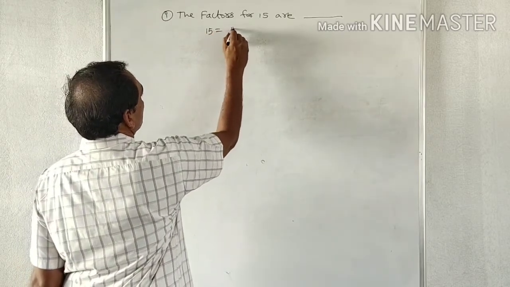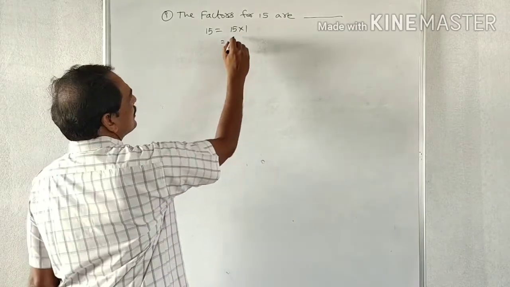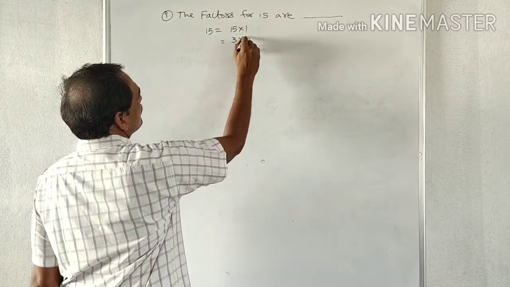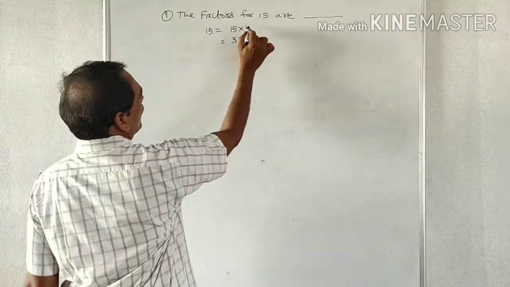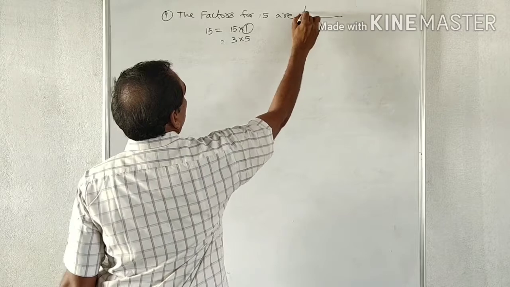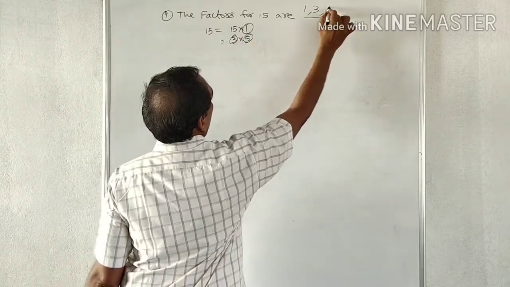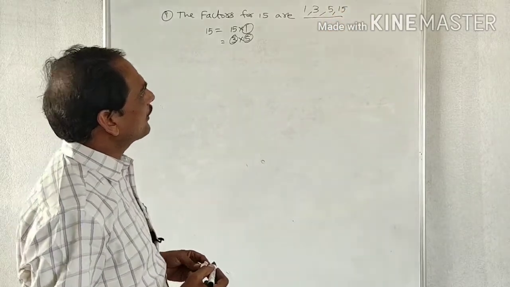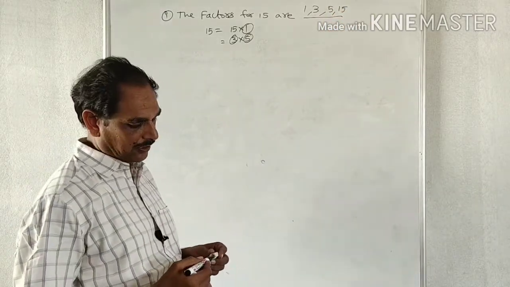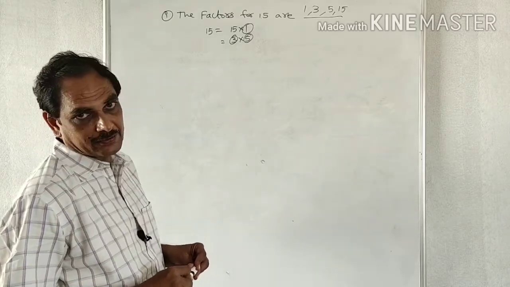We write 15 as 15 ones are 15, and 3 fives are 15. So the factors for 15 are 1, 3, 5, 15. We can find factors for any number like this.